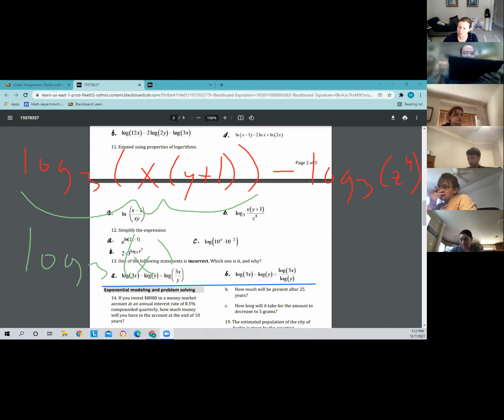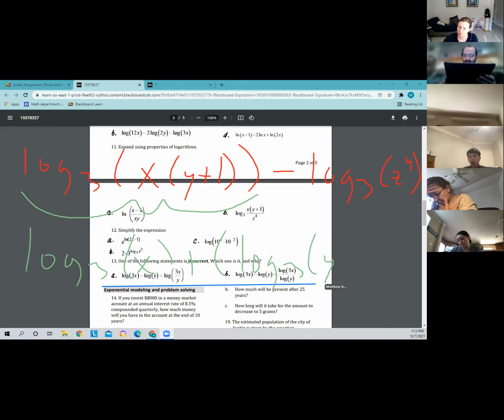All right, so that's log base 3 of x, and we also have multiplication becomes addition. And this is log base 3 of y plus 1. And we are subtracting log base 3.